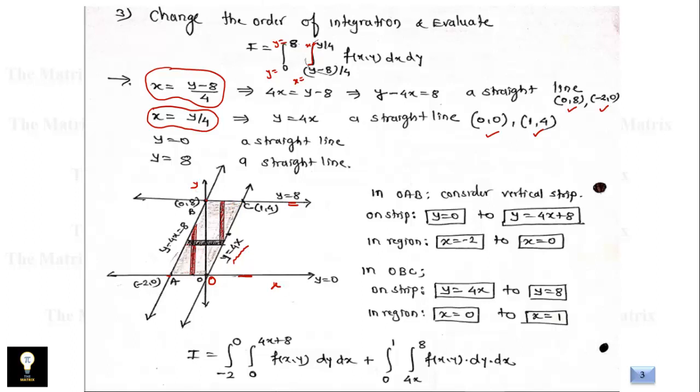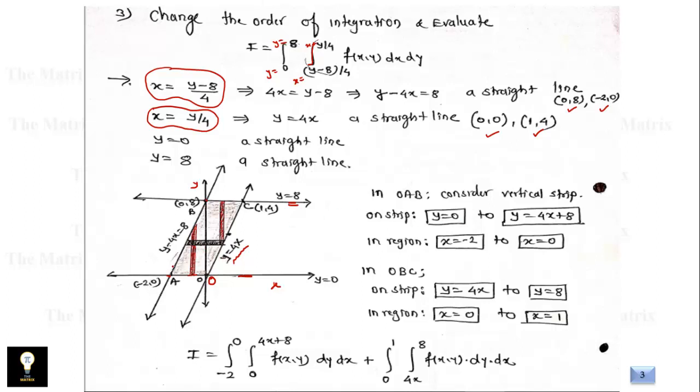Now we'll go region wise. In region AOB, consider the vertical strip, of course, the red strip you can see. This strip is starting from line AO where y is 0. Remember that a vertical strip reflects the limits of y, horizontal for x. So vertically y varies from 0 to where the strip is ending on this straight line.